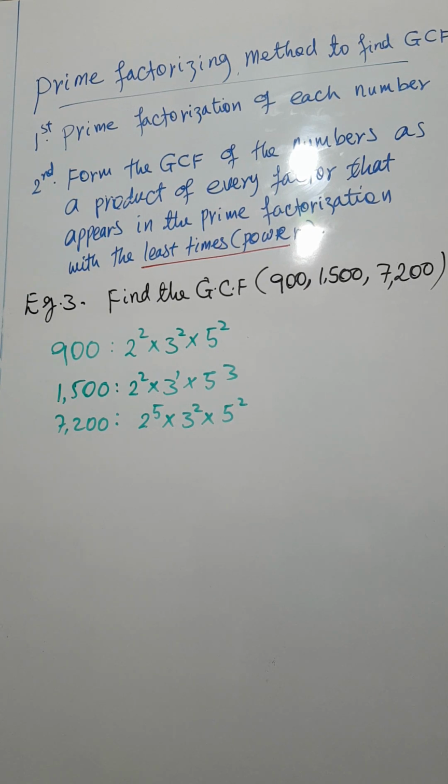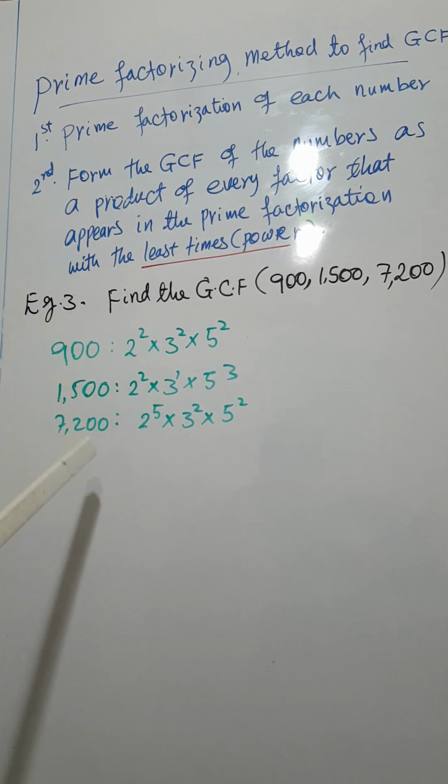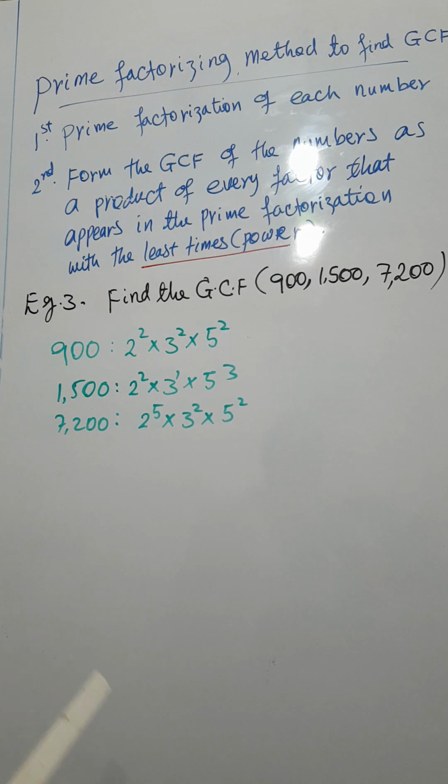So now, what are the common factors? 2 is a common factor: 2 to the power of 2, 2 to the power of 2, 2 to the power of 5. 2 is the base, so 2 is a common factor. And again, 3 is a common factor, and 5 is also a common factor.